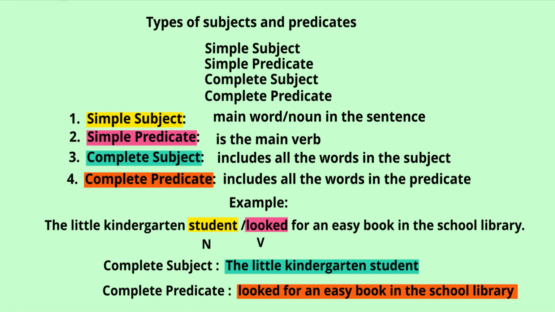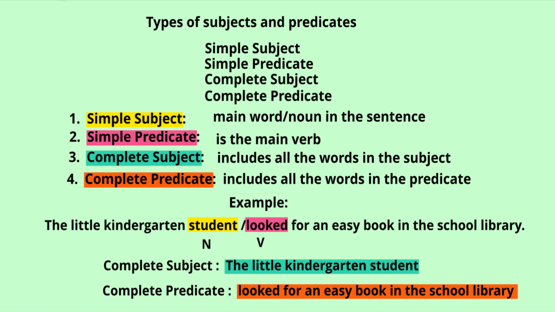What is a simple predicate in this sentence? The main verb. What is the main verb? Looked. Student looked. So looked will be the simple predicate. The complete subject will be all the words before the verb, including the noun. So the little kindergarten student will be the complete subject, and all the words including the word and after the verb, looked for an easy book in the school library, will be the complete predicate.